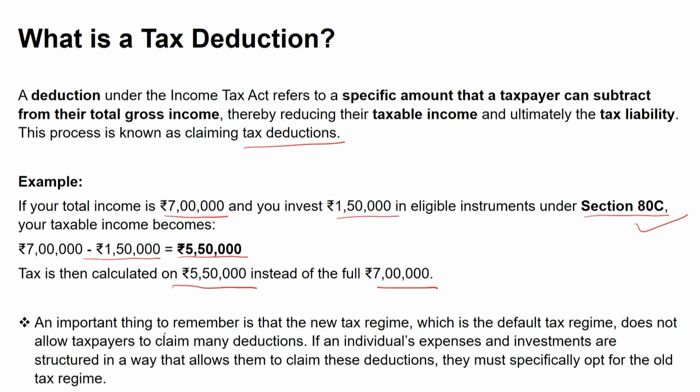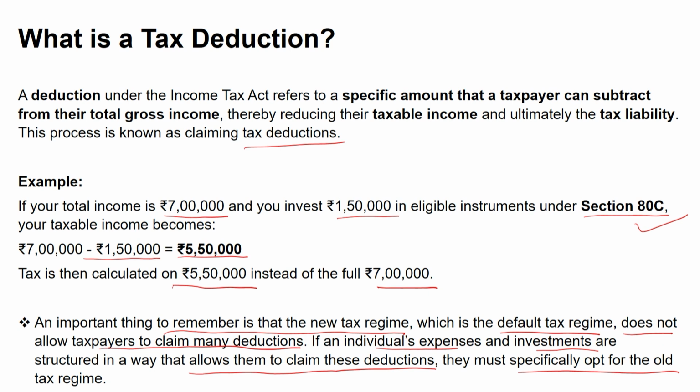Here, an important thing you need to remember is that the new tax regime, which is now known as the default tax regime for assessees, does not allow taxpayers to claim so many deductions. If an individual's expenses and investments are structured in such a way that they allow them to claim these deductions, they must specifically opt for the old tax regime.